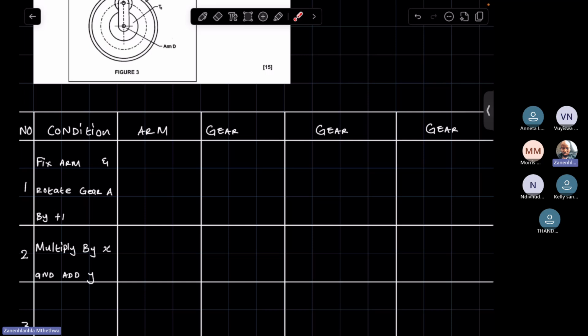So if the arm is fixed and the annulus has been rotated by 1 revolution clockwise, how does it influence the planetary gear as well as the sun gear as far as their rotational frequency as well as the direction of rotation?